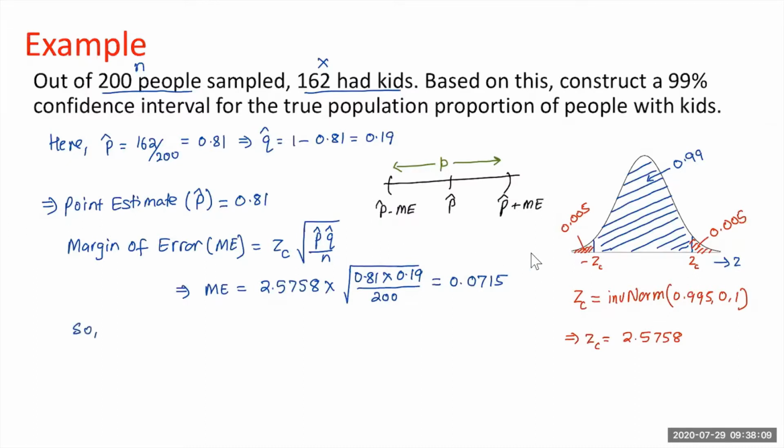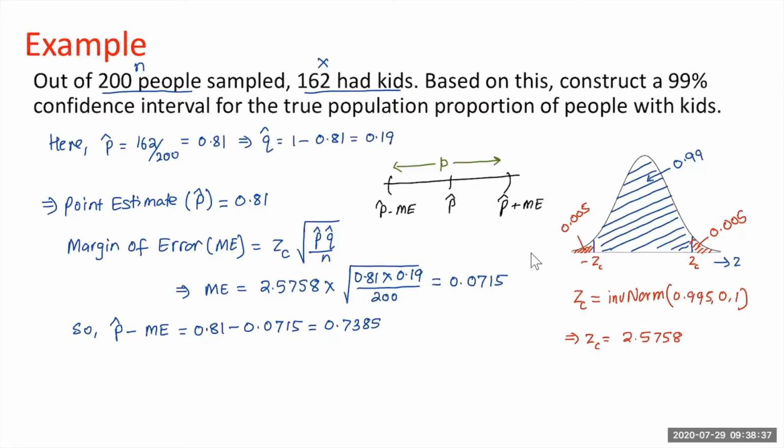So p hat minus margin of error. Our p hat is 0.81 minus the margin of error, 0.0715. If you perform this calculation, you should get 0.7385.